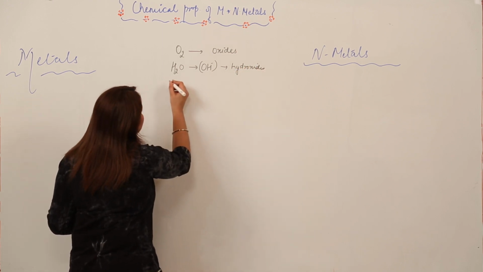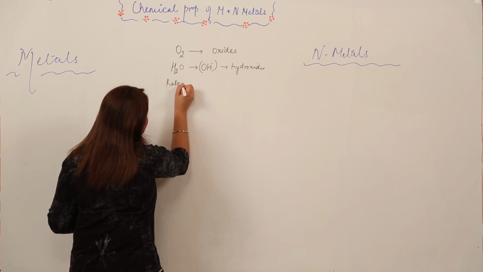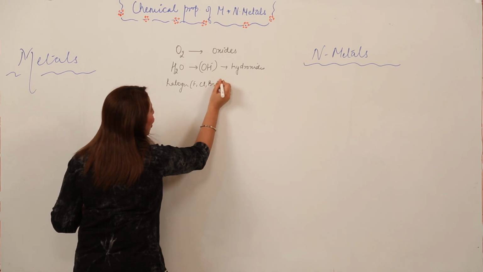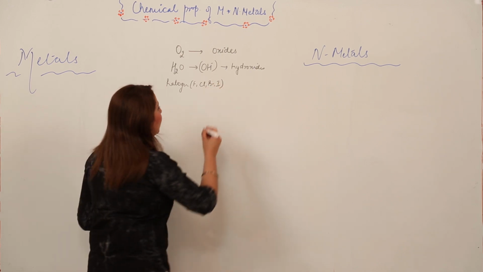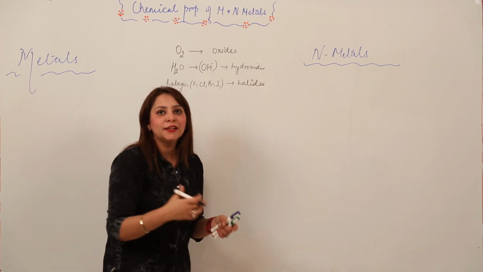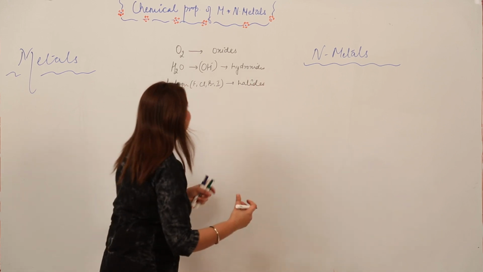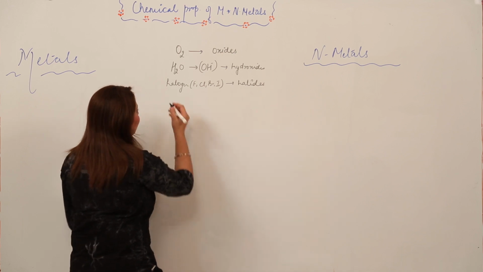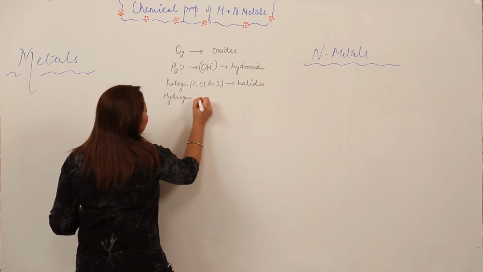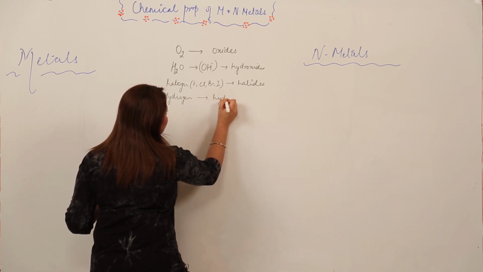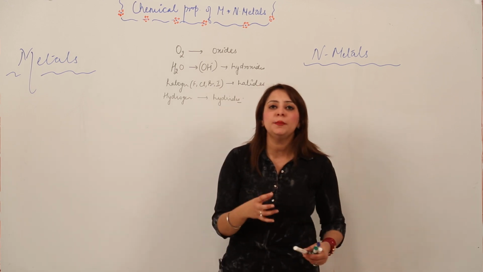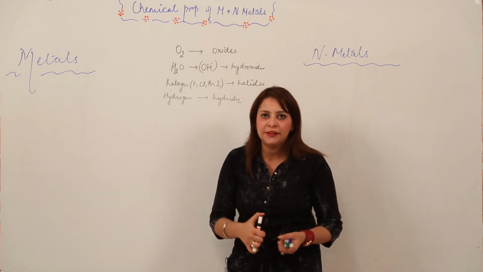Similarly, if some substance reacts with a halogen, meaning fluorine, chlorine, bromine or iodine, it leads to the formation of the respective halides, meaning fluoride, chloride, bromide, iodide. And if some substance reacts with hydrogen, it leads to the formation of hydrides. These are the basic things you have to keep in mind before starting with chemical reactions.